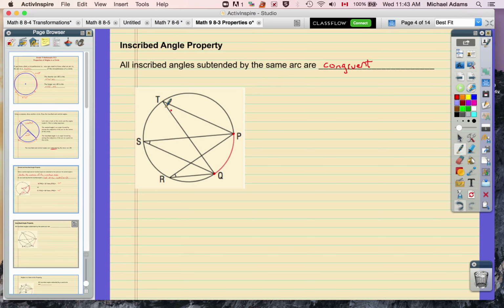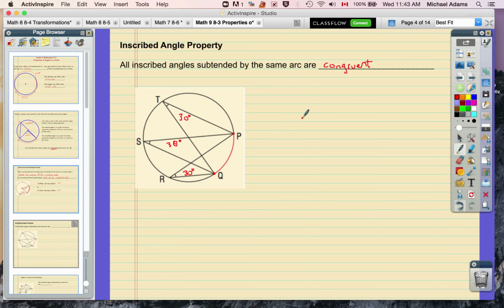Any angles formed by the arc PQ will all be the same. So if this was 30 degrees, this angle is going to be 30 degrees, and this angle will be 30 degrees because they're all subtended by the same arc PQ.